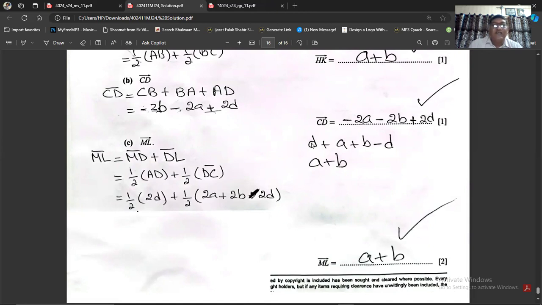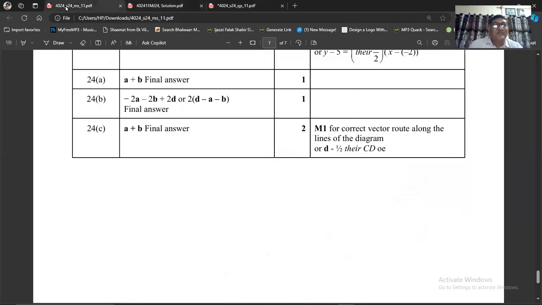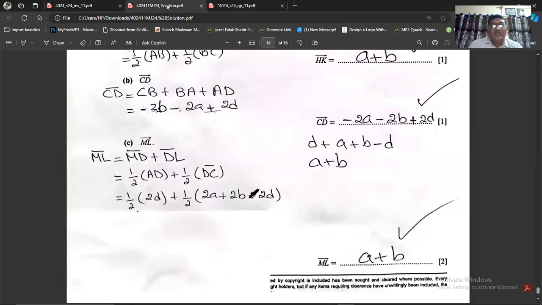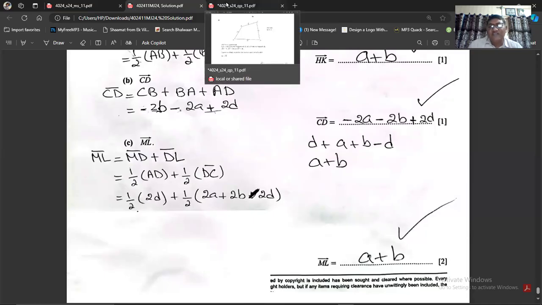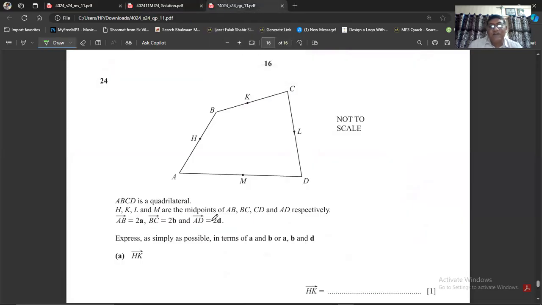So here you will have d, then you will have a plus b minus d. So d and d will be cancelled. So you're left with a plus b only. So my dear students, we are done with this paper.